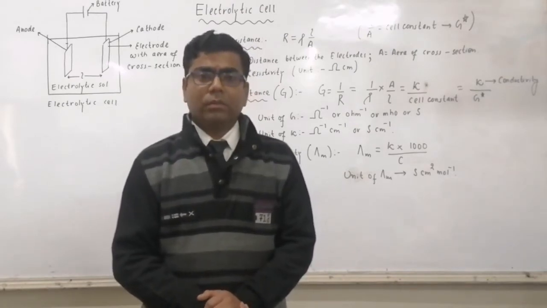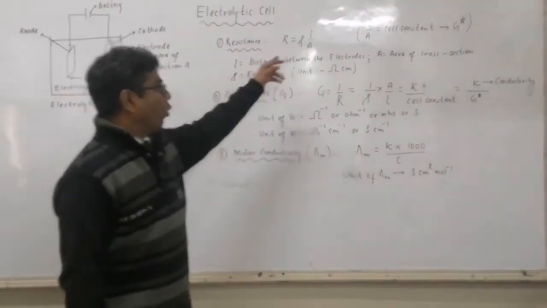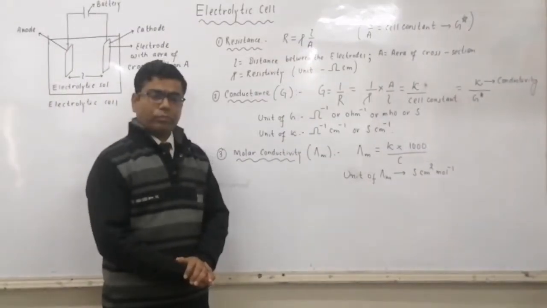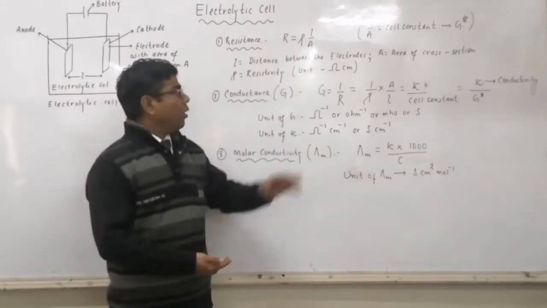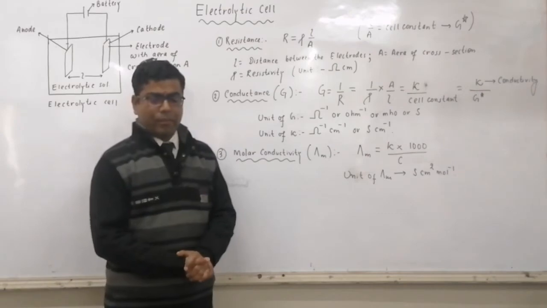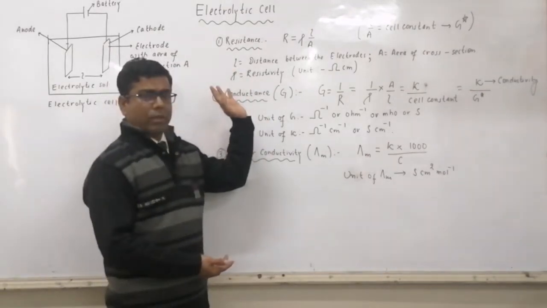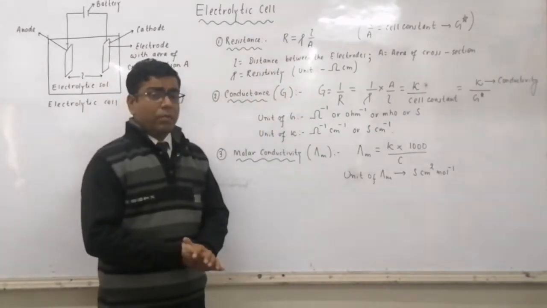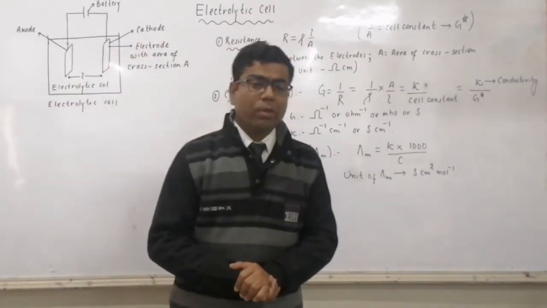When the proportionality sign is removed, we obtain a constant called rho. So R is written as R equals rho into L by A. Now what is rho? Rho is called resistivity, or specific resistance. The unit of resistivity is ohm centimeter. Resistivity is the resistance offered by a unit length conductor.